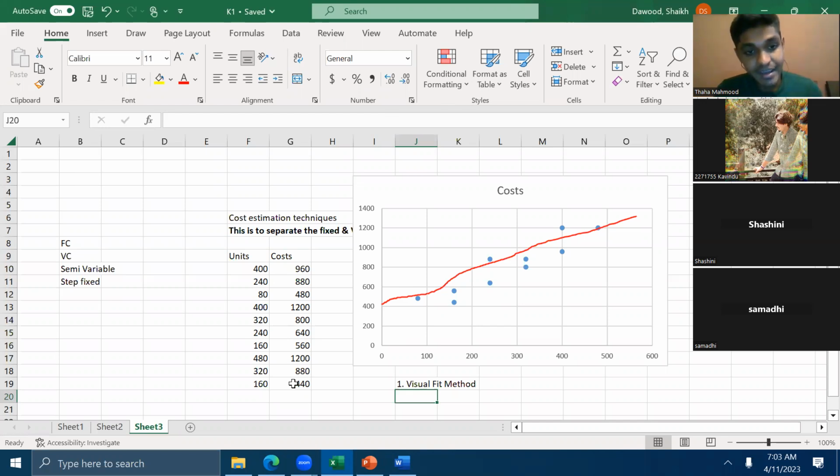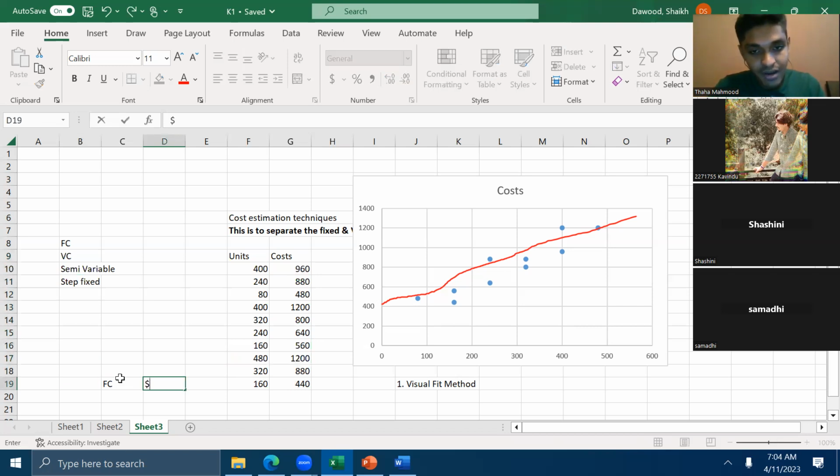It would be better to substitute at the activity level with the highest number of units. Let's say we identified the fixed cost as 430. So the fixed cost portion of this cost account, based on this visual fit method, we identified as around, let's say, 450.